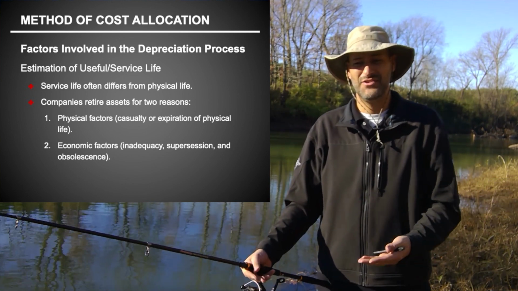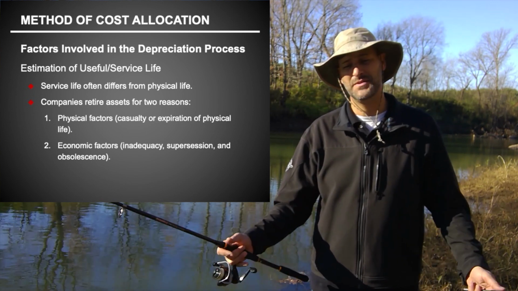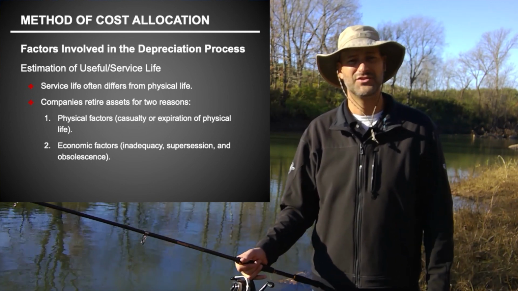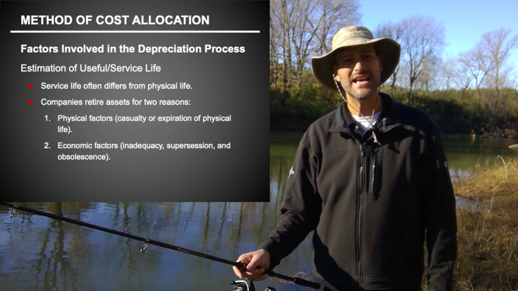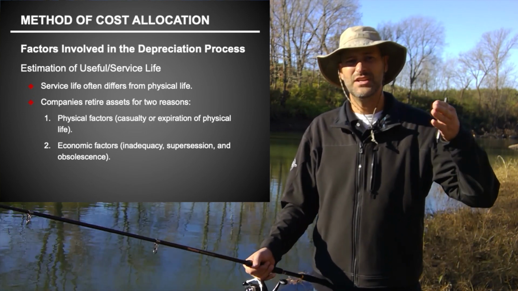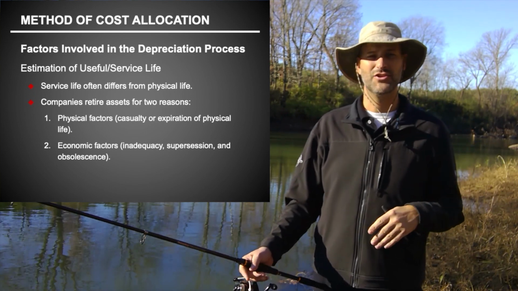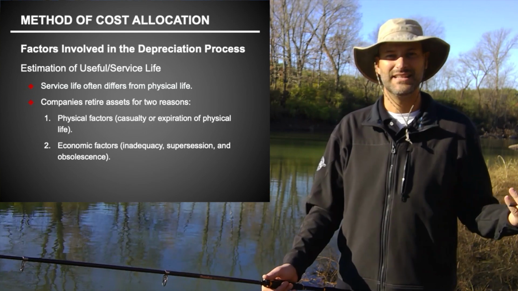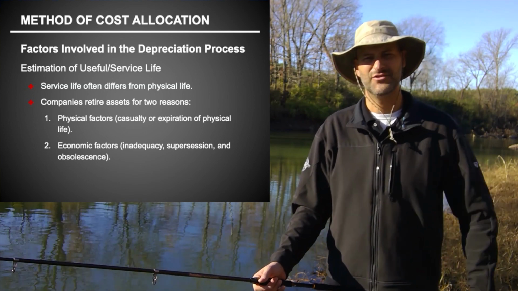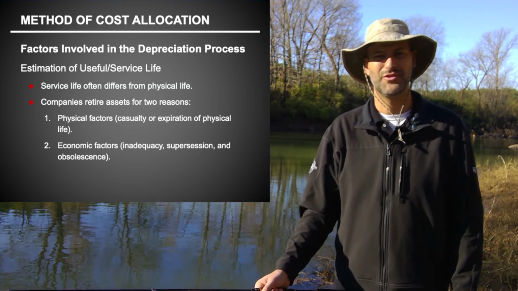And it's like, well, yeah, you have it and it shows you some little specks on the bottom, but I have one that shows me the size of the fish and how deep they are and how fast they're moving and what color their tail is. I don't know. So in that case, if the fish finder is obsolete after 5 years, the service life is quite a bit less than its physical life. That fish finder might last for 20 years, although it only has any value for, say, the first 2 or 3.